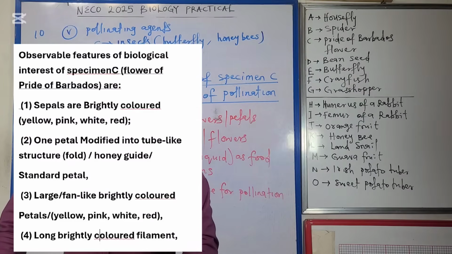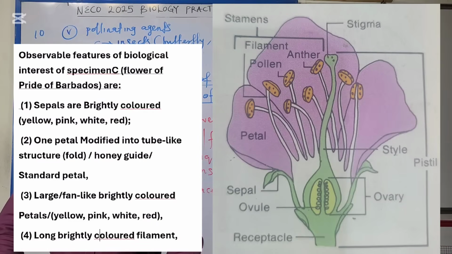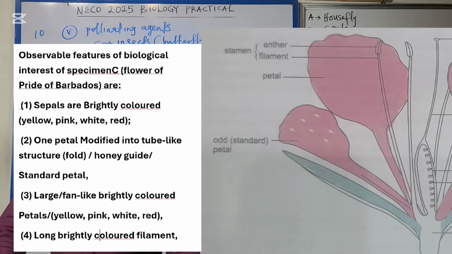Sepals are brightly colored. It could be yellow, pink, white, or red. One of the petals is modified into a tube-like structure, the fold, honey guide or standard petal. Three, large or fan-like brightly colored petals. Long brightly colored filament.